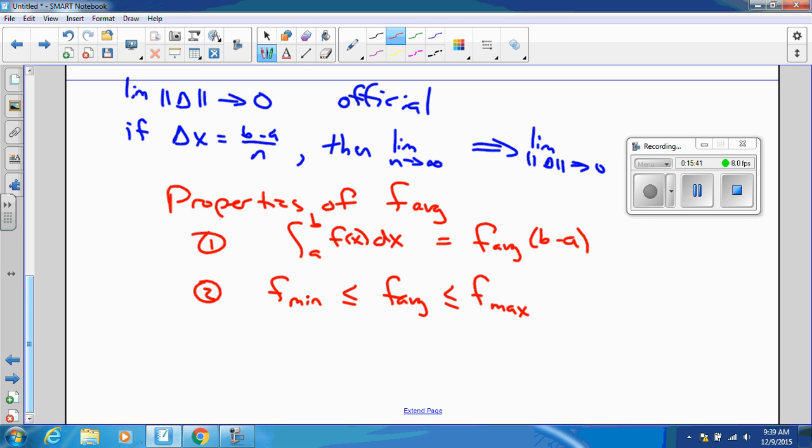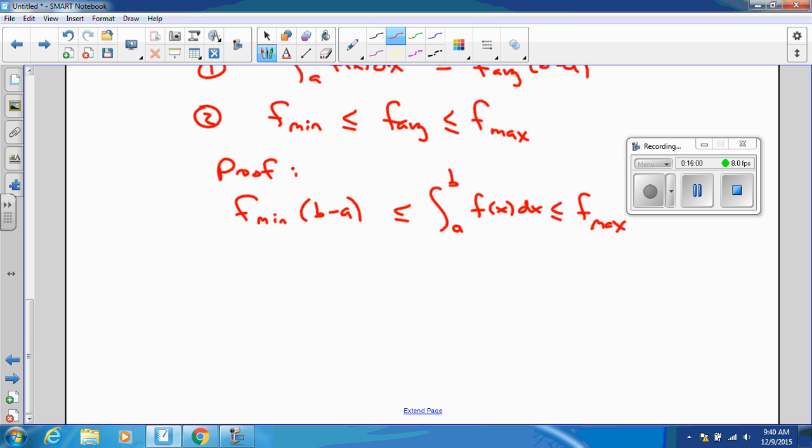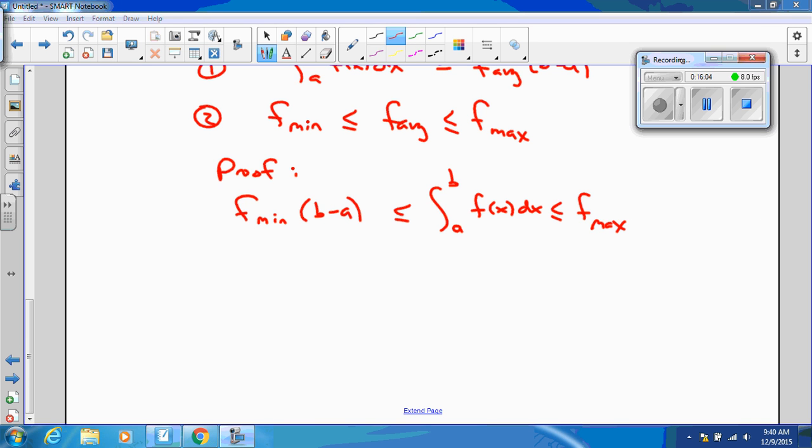Okay. So why is this true? This is actually true because of our min-max property. Remember that the integral itself is trapped between f min times b minus a and f max times b minus a.